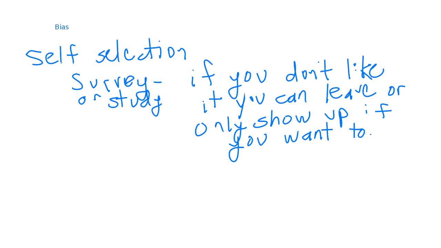When you do something in the mail, a lot of people don't respond because you might have to put a stamp on the envelope. So that would be a bias in that sense too. Right. The ones who do respond are the only ones that get counted. So that's not fair in a lot of situations.